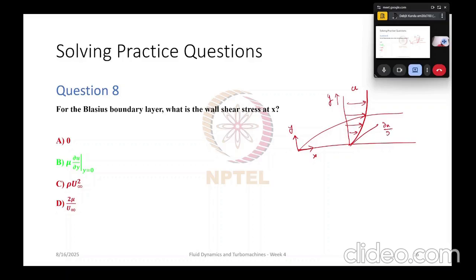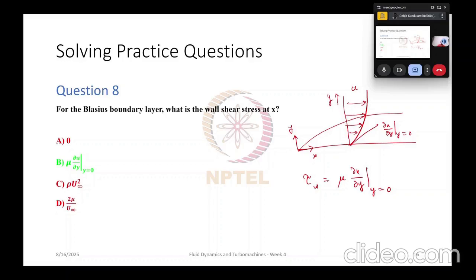then shear stress depends on this gradient over here. This gradient is dou u dou y at y equals 0. This is the gradient, and the viscous or the wall shear stress would be nu into this velocity gradient over here, so dou u dou y at y equals 0.